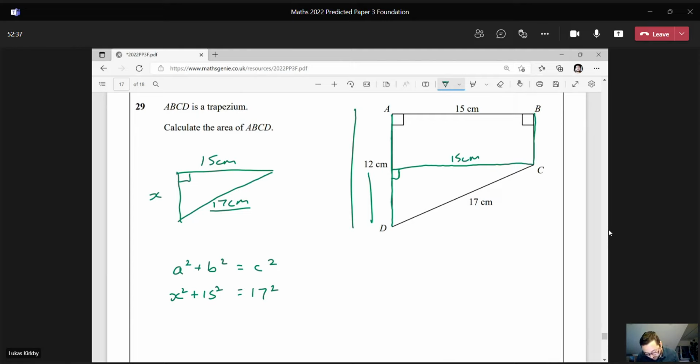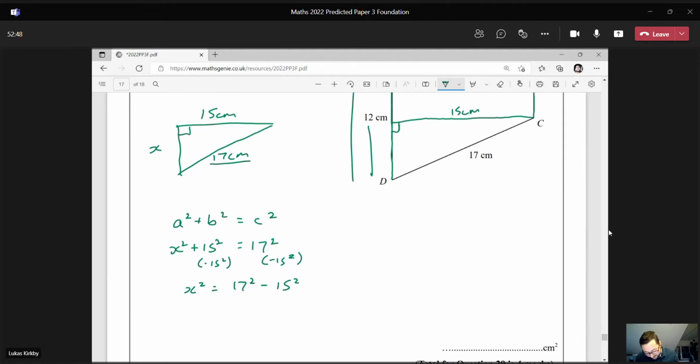The first thing is to take away 15 squared, so x squared is going to be 17 squared minus 15 squared. And then to get x on its own, we square root both sides. So x is the square root of 17 squared minus 15 squared. Let's do that, and lovely, we get 8.